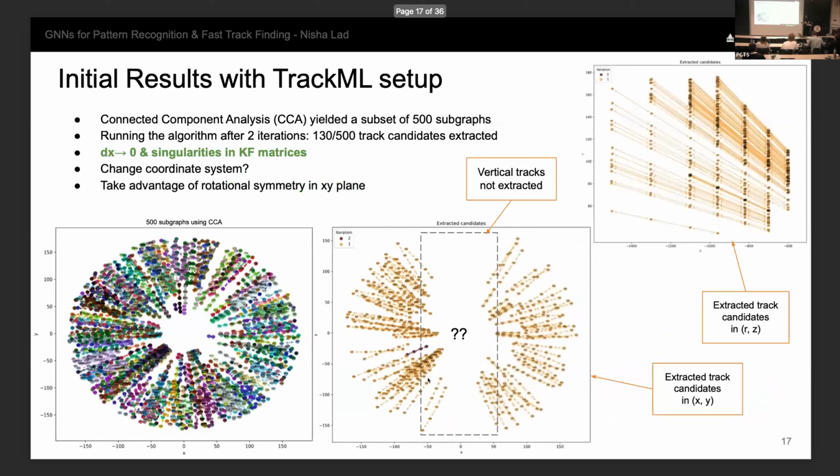And then we apply the CCA, which gives us all of these separate manageable ones. Again, they do have dense edge connections going in every direction, but they are more manageable than that one initial graph. Does that make sense? And then we start the iterations. On all of these separate mini manageable graphs, we then apply our Gaussian mixture reduction and then the extrapolation, and then we do the track splitting.